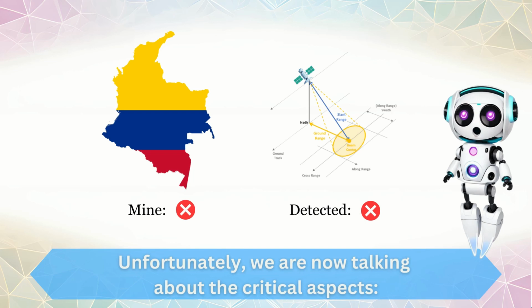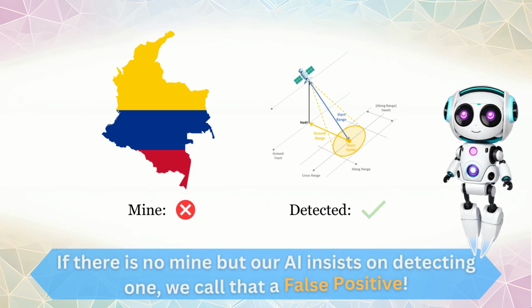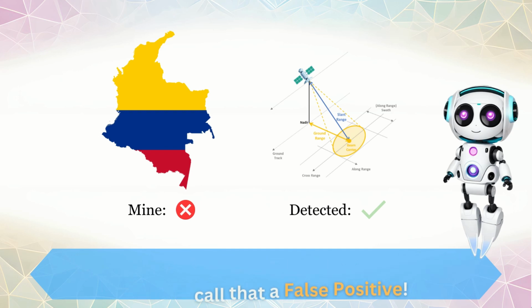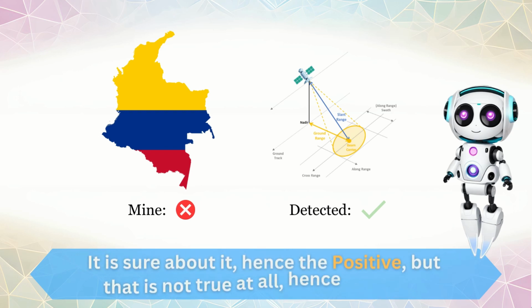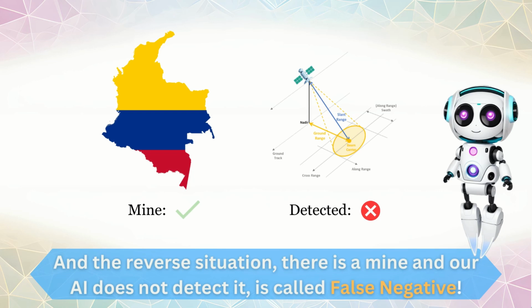Unfortunately, we are now talking about the critical aspects. If there is no mine, but our AI insists on detecting one, we call that a false positive. It is sure about it, hence the positive, but that is not sure at all, hence the false. And the reverse situation, there is a mine and our AI does not detect it, is called false negative.